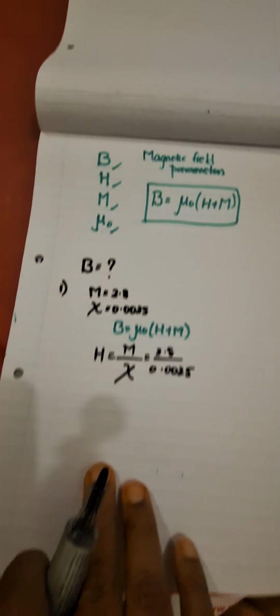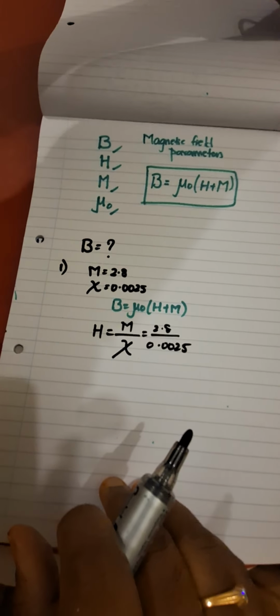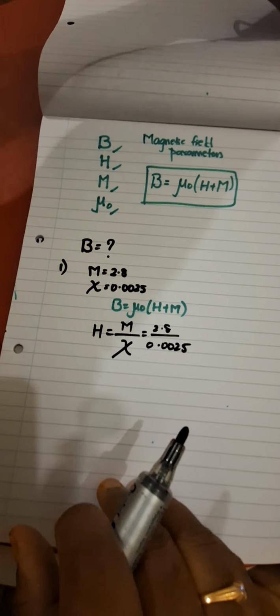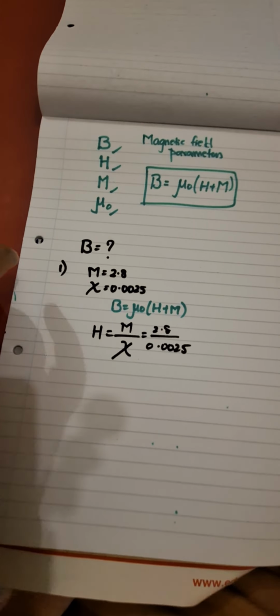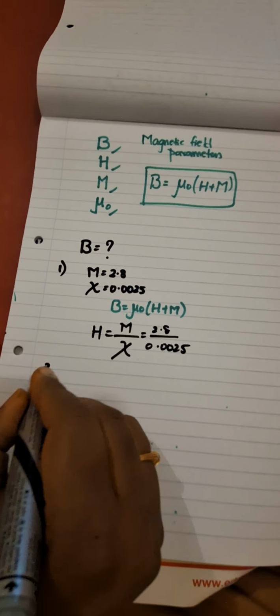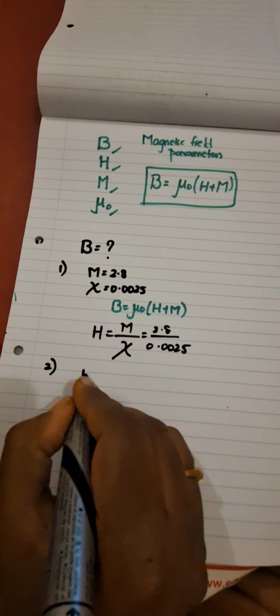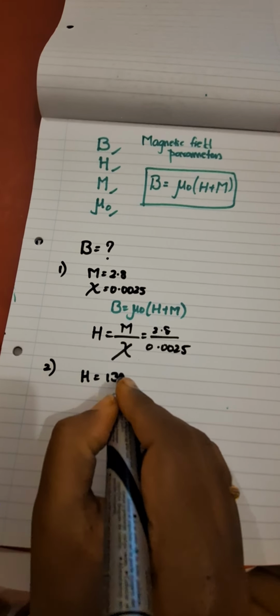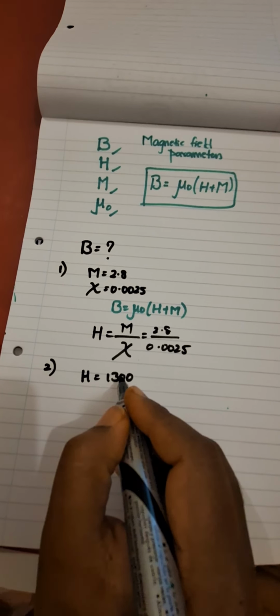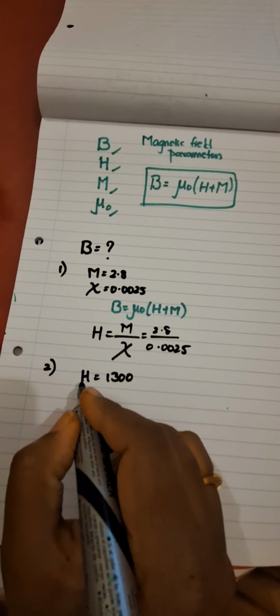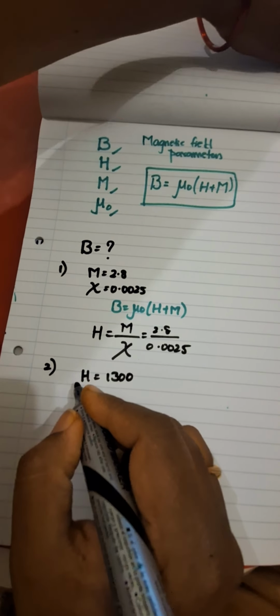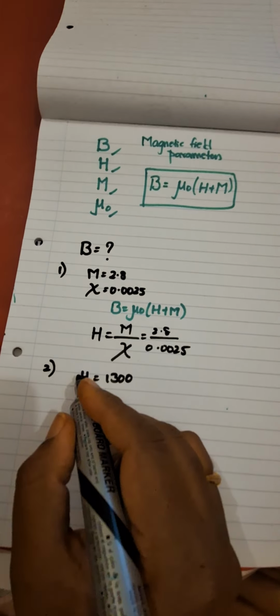Okay, then the second question. The second question is talking about the information: the magnetic field intensity is given. They give the magnetic field intensity as 1300 ampere per meter and the relative permeability is given as 1.006.